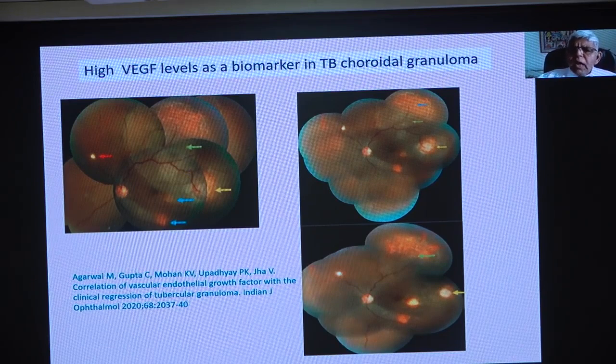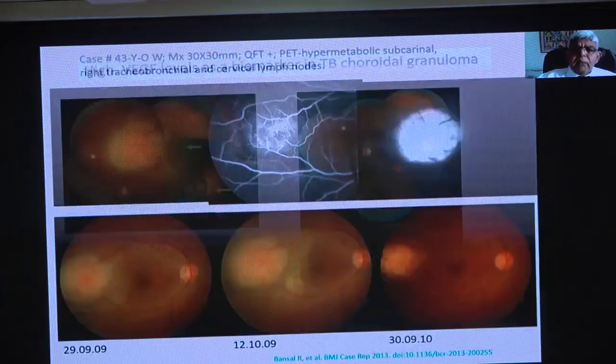Within a matter of days, these granulomas regress once you block VEGF, as I told you that granulomas tend to express high levels of VEGF.